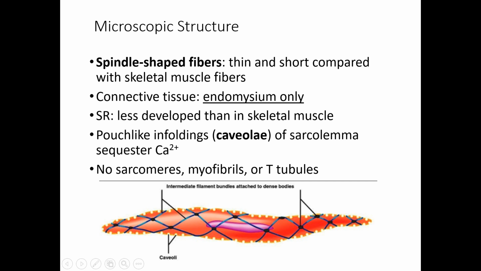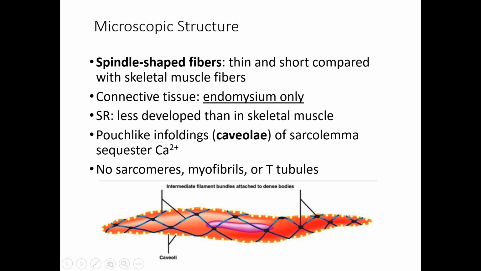Microscopic structure. Smooth muscles are spindle-shaped, with one nucleus, and they are much thinner and shorter compared with skeletal muscles. There is only one layer of connective tissue covering that muscle. It's called endomysium. There is some sarcoplasmic reticulum, but much less than in skeletal muscle.